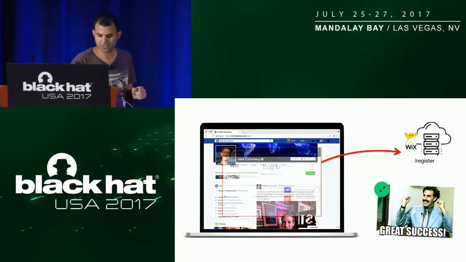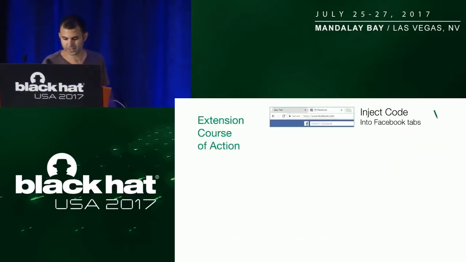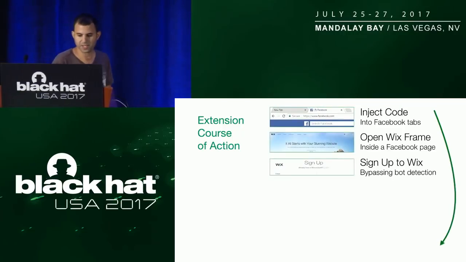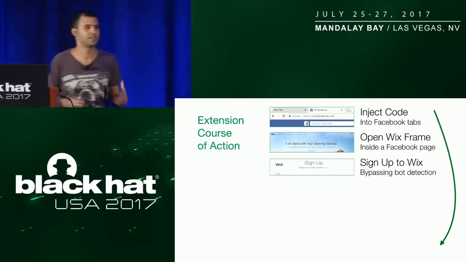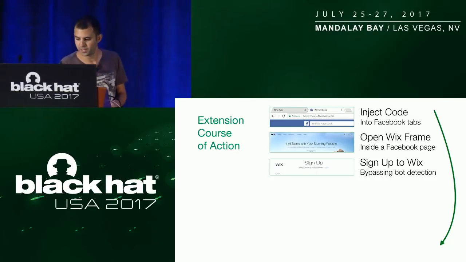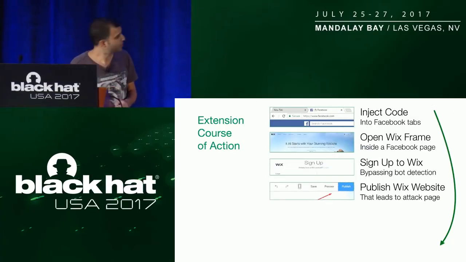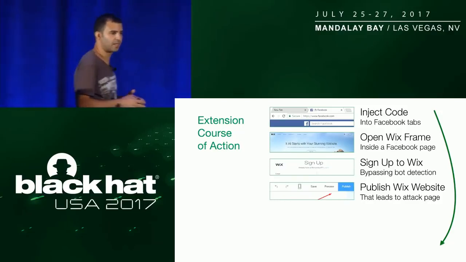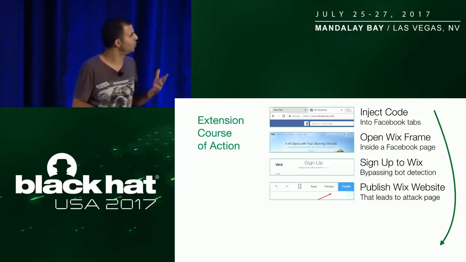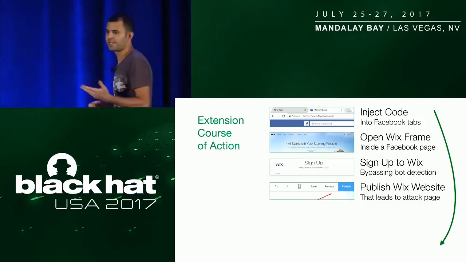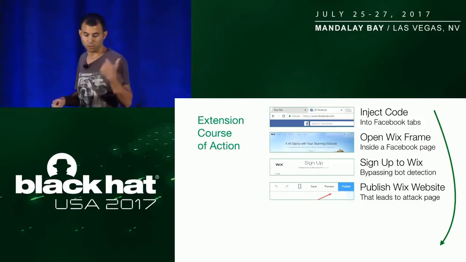Okay, let's go back to the extension's course of action. Go on with that. So we saw that it first injects code into Facebook, then opens a Wix iframe, then sends the sign-up request from within the frame. The next thing it does is, after signing up a new Wix user, it publishes a new website. Now, all the websites lead to one page that we saw before.